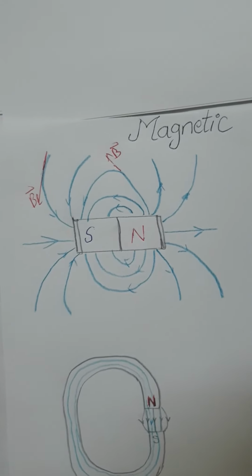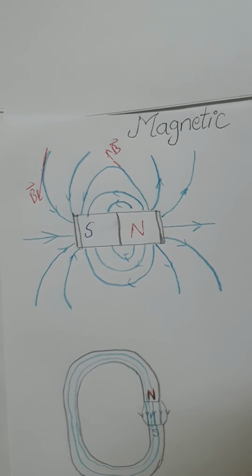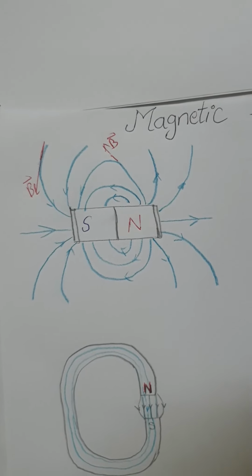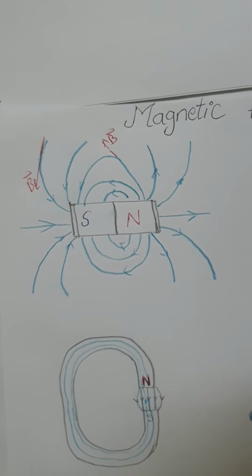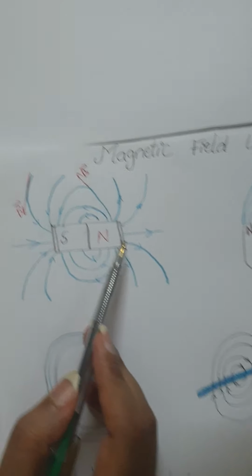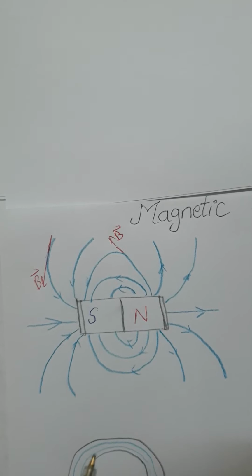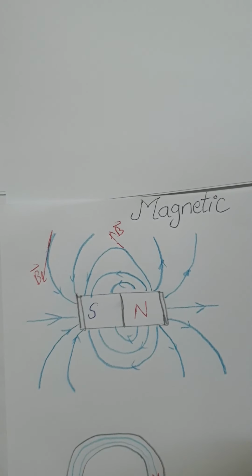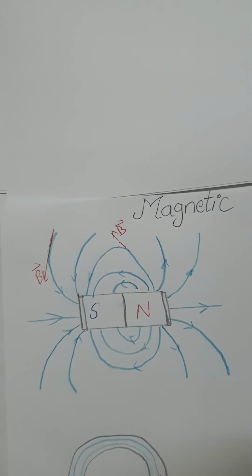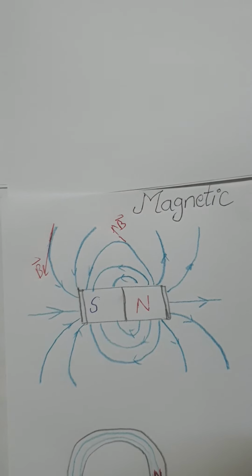And the spacing of the lines represents the magnitude of magnetic field. The magnetic field is stronger where the lines are close together, and it's weaker where the lines are far apart.